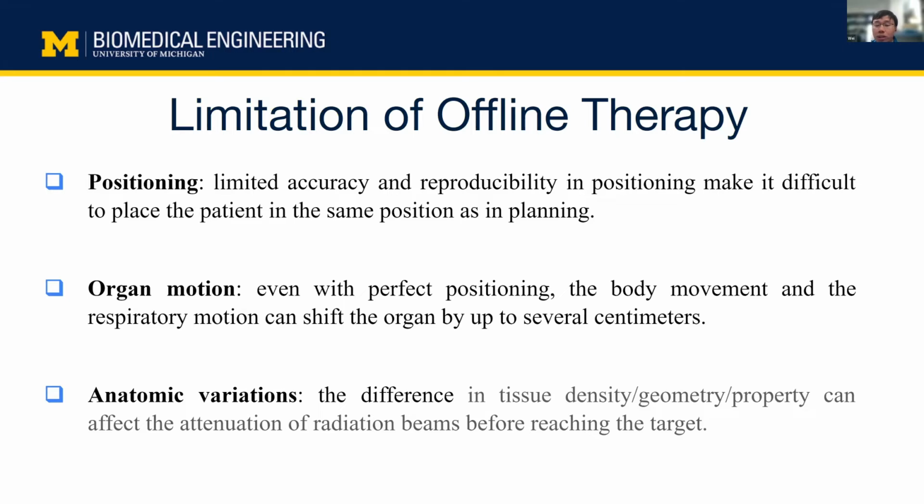Those organs will attenuate the radiation beam before it reaches the tumor target, which means the total delivered dose may not be exactly as in the treatment planning. So all those limitations will reduce the treatment outcome. But also, if we can solve those limitations, it will highly improve the treatment efficiency.